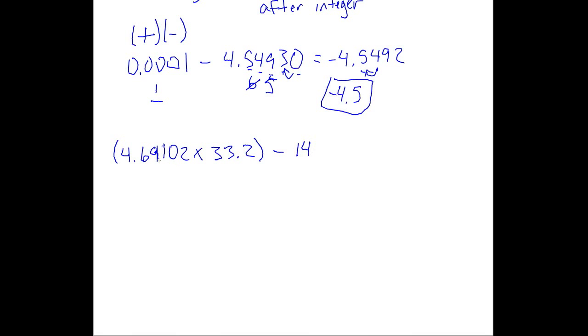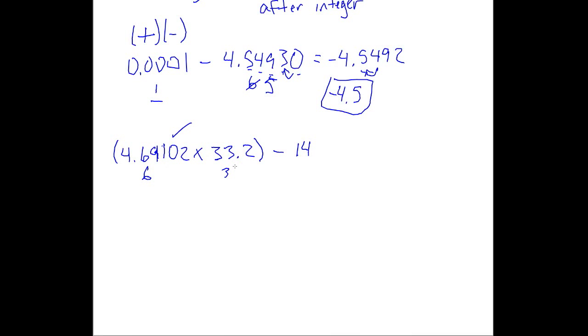So, how do we start? We're starting with multiplication. So let's count our sig figs. Now, another 0. This 0 is sandwiched between two integers. That 0 is significant. Any 0 that is between two integers is significant. So this number has 1, 2, 3, 4, 5, 6 sig figs. This number only has 3.